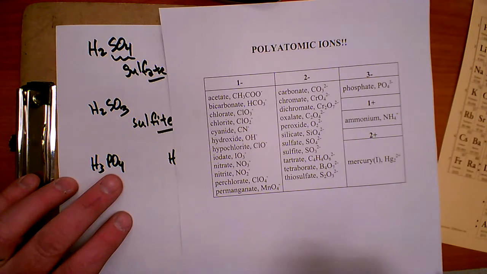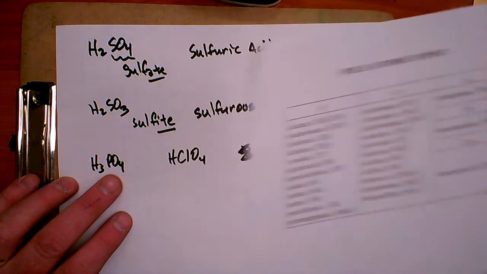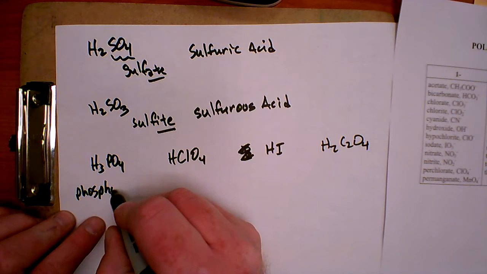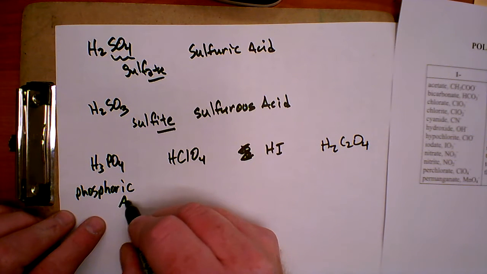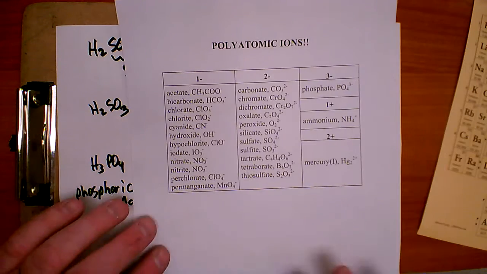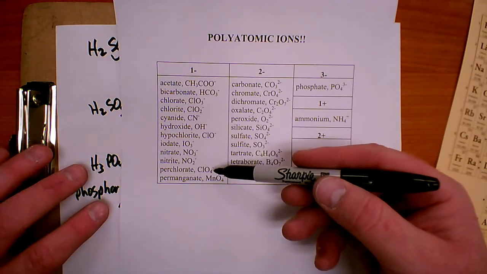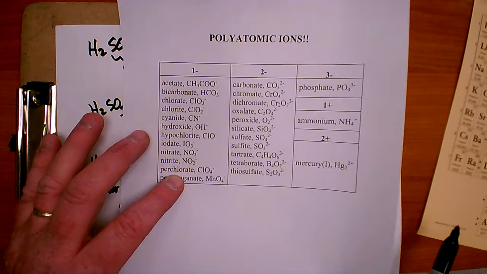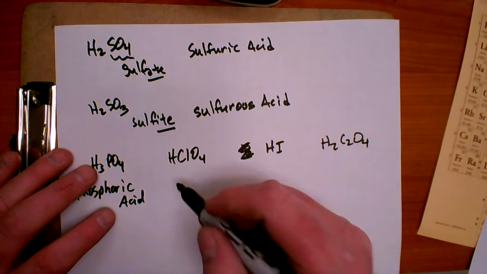And PO4, I look up here, that's phosphate, so this becomes phosphoric acid. Ate becomes ic. HClO4, I look at my chart, I look for ClO4, that is perchlorate, so this becomes perchloric acid. Ate becomes ic, perchloric acid.